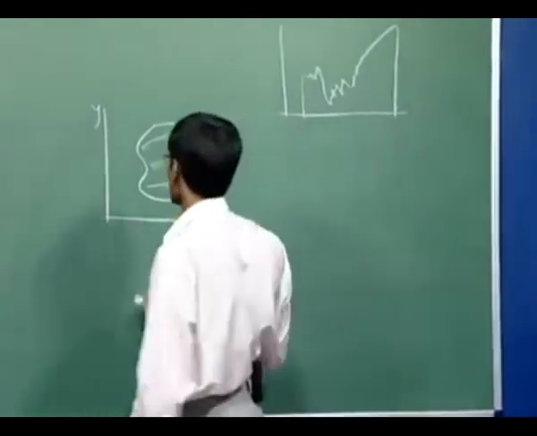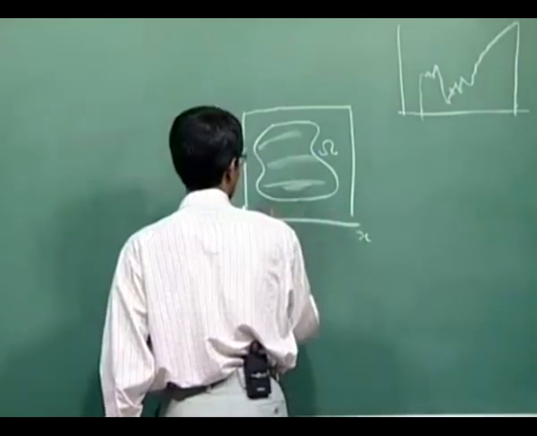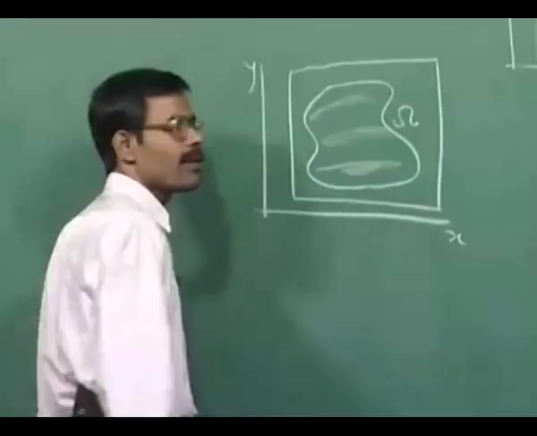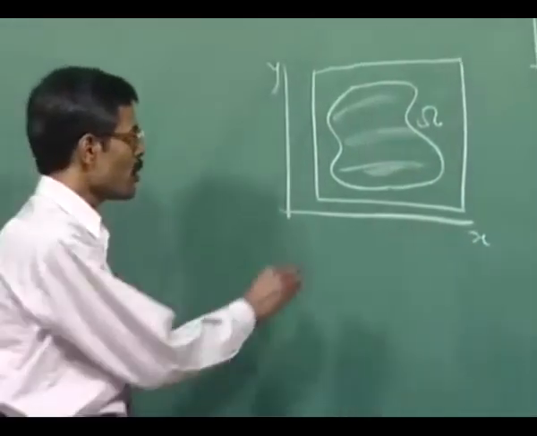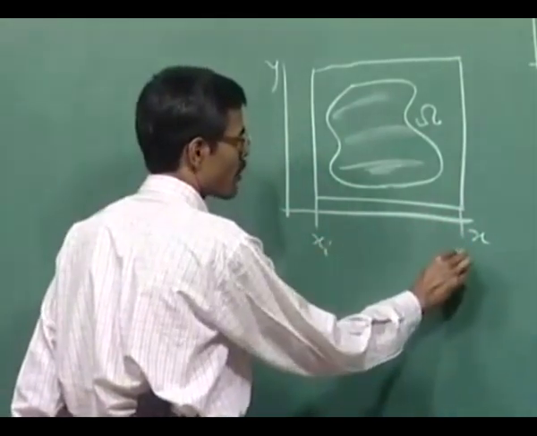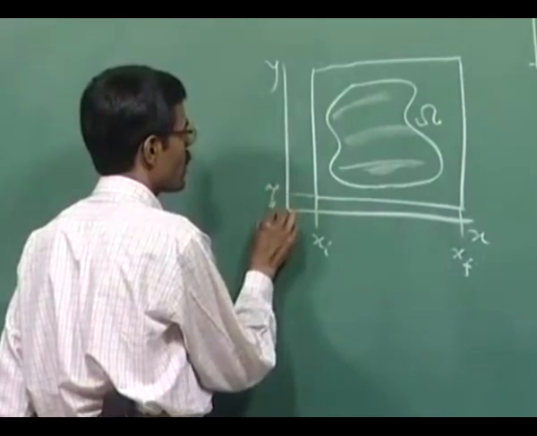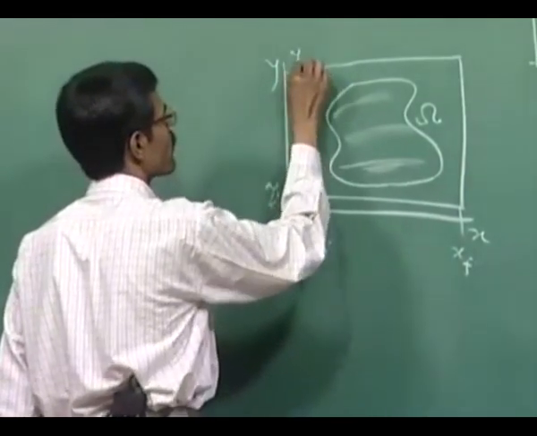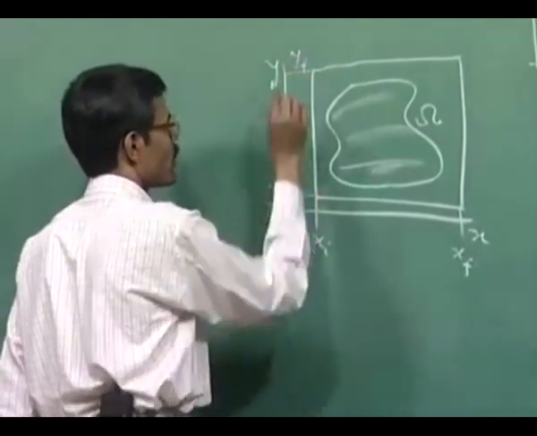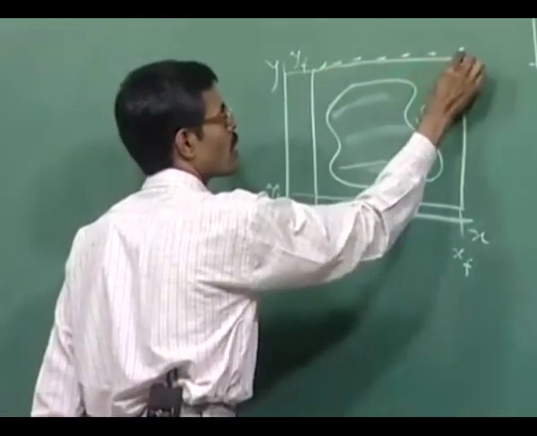For our purposes, this rectangle can be that domain. This is easy. Suppose this is xi, this is xf, that is initial x, final x. Similarly, this is yi and this is yf, initial y, final y. So, this is the selected domain.